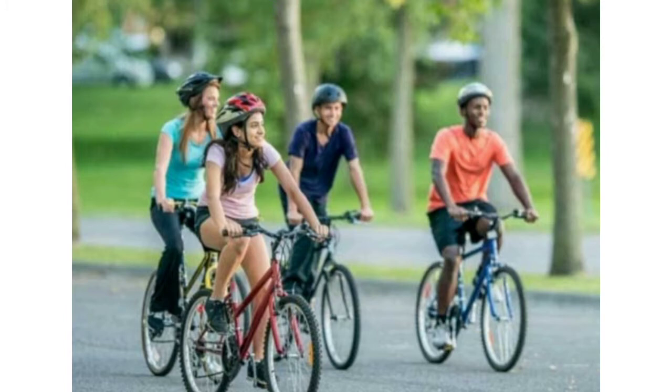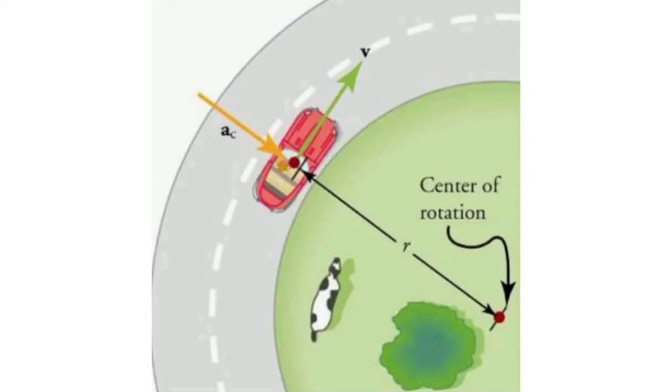So, a body with non-uniform velocity is in non-uniform motion. A car moving around a circular track with uniform speed is in non-uniform motion, as the direction is changing.